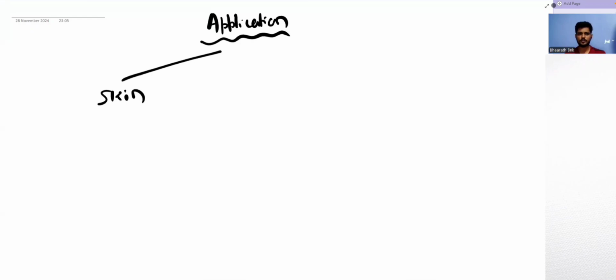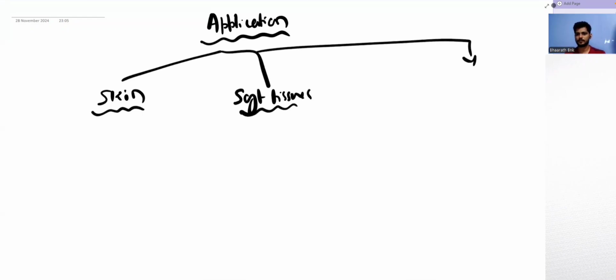What are the applications of this cryosurgery, or what are the indications? Now, this is mostly used for skin tumors or skin lesions, but can also be used for soft tissue lesions and also for internal cancers.